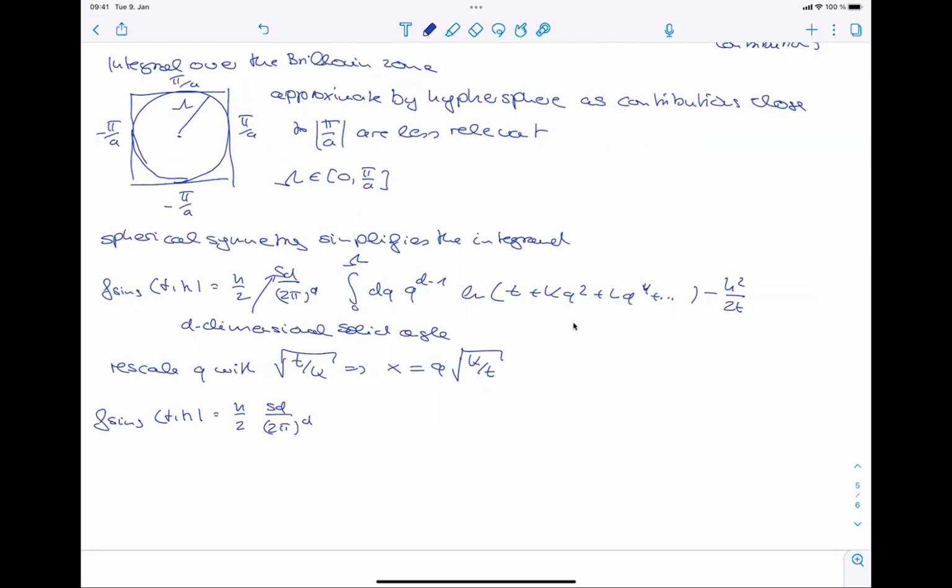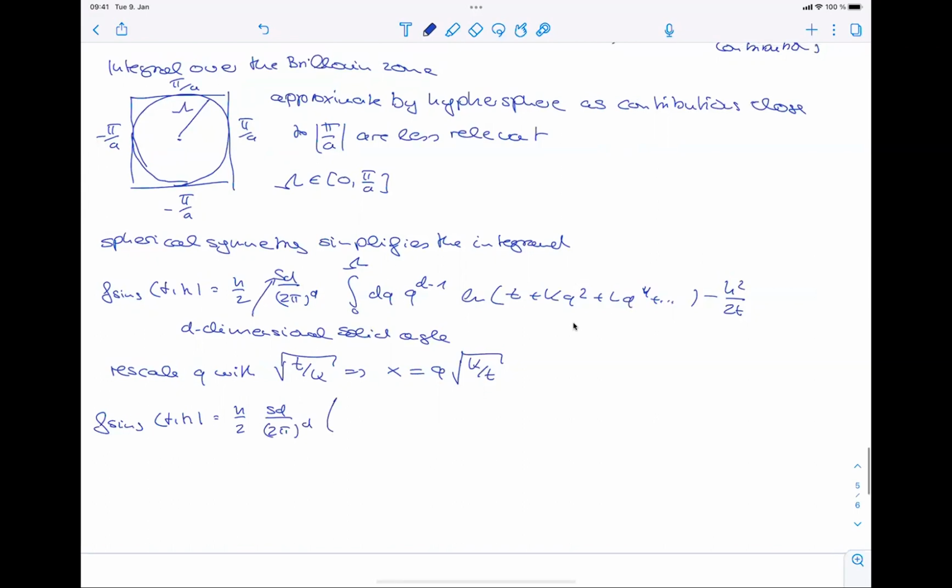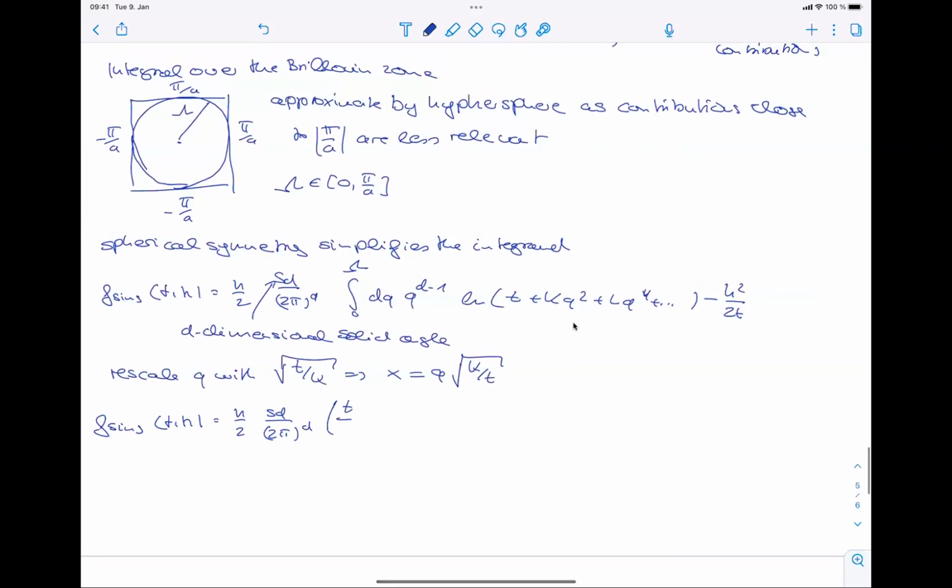Okay, and now from the rescaling, I get a contribution of t over k to the power of d half. And now I go to lambda k over t, dx x to the d minus 1. And then I have an ln t plus an ln of 1 plus x squared plus t x to the 4 k to the 4, minus h 2t.